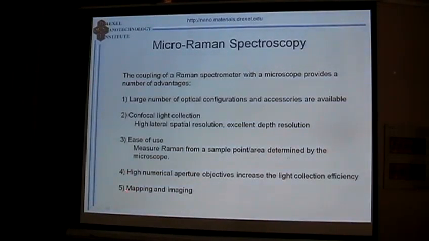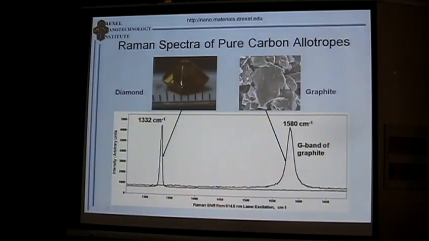And you can also get high concentration of light even for very weak low power lasers in the spot when you do the analysis. And finally, you can also do mapping and imaging using a microscope, which is useful for a variety of applications here.